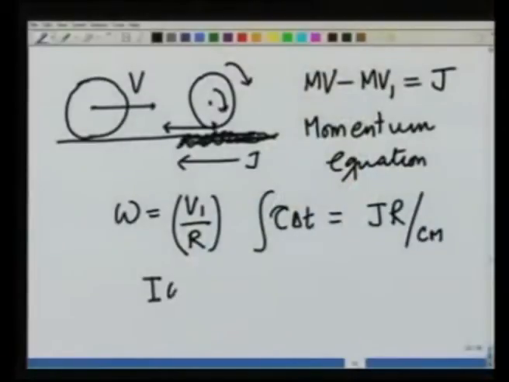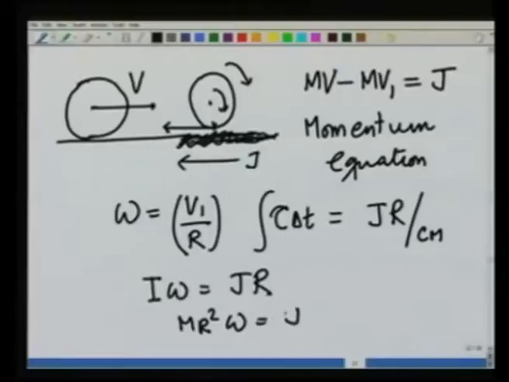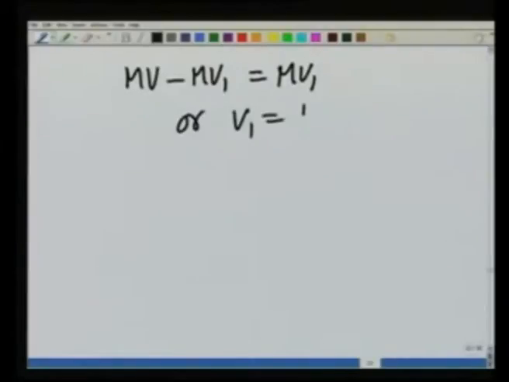So the angular momentum it should obtain about the center of mass should be equal to j times r, and this tells you I, which is m r squared, times omega is equal to j times r. r cancels, r times omega is v1, so m v1 equals j, and therefore putting this in this equation I get mv minus m v1 equals m v1, or v1 equals v over 2.